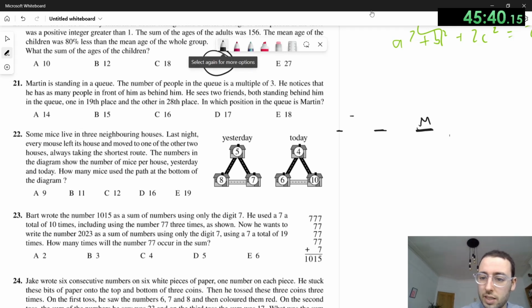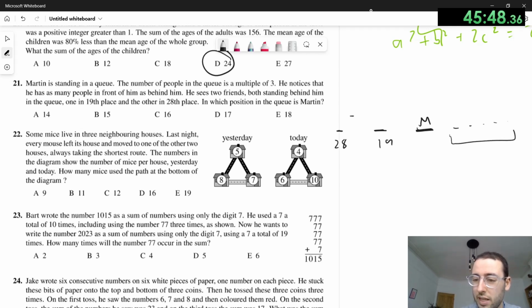Yeah, because the 19th place would be here and the 28th place would be here, and then up to first place. So actually, he's closer than 19. So there could only be 17 people here. But that wouldn't work because that would make 35 people total, and that can't work because that's not a multiple of 3.